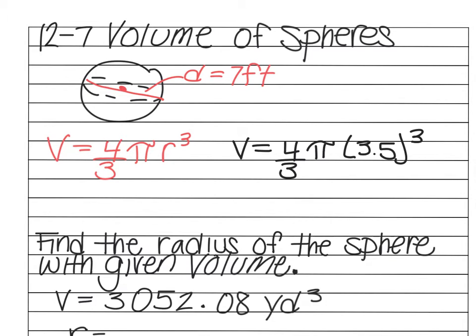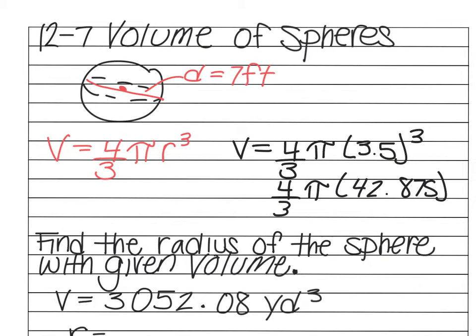You have 3.5 times 3.5 times 3.5, or you can use a cube button in your calculator if you know how to do that. So we're going to have 3.5 to the third power, and we end up getting 42.875.